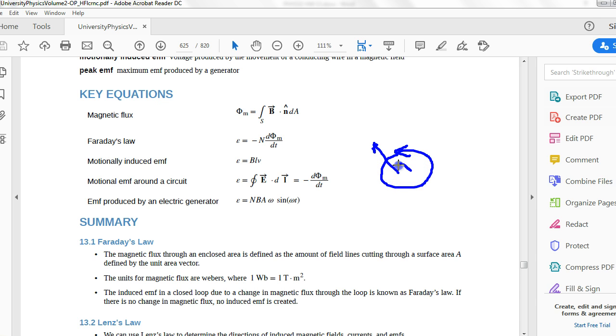You induce an EMF going counterclockwise that produces a magnetic field trying to keep the flux up where it was. So if the flux is increasing, you get a magnetic field that opposes it. If the flux is decreasing, you get a magnetic field that supports it. In both instances, you're opposing change because of that little minus sign right there.